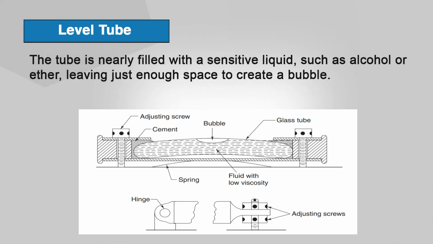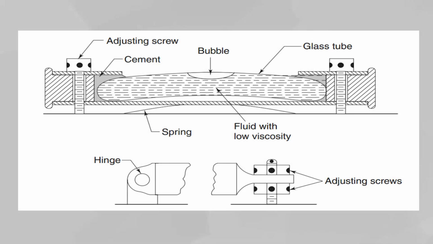The tube is nearly filled with a sensitive liquid such as alcohol or ether, leaving just enough space to create a bubble. The liquid used must be quick to respond, resistant to freezing, and stable under normal temperature variations. Purified synthetic alcohol is considered the best choice for this purpose, as you can see in this diagram.